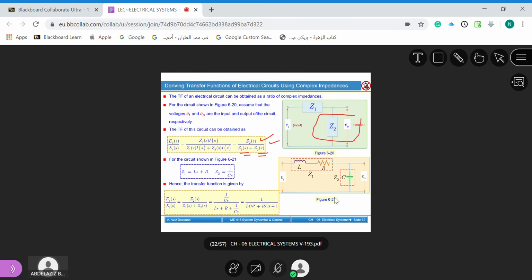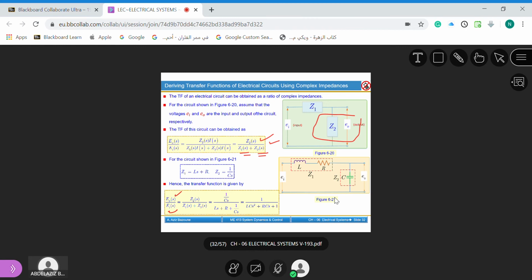If now we consider that L and R represent Z1, then Z1 in this case will be Ls plus R, and Z2 will be 1 over Cs. Now, if we take this formula, E2 over Ei, the output over the input, it will be Z2 over Z1 plus Z2.